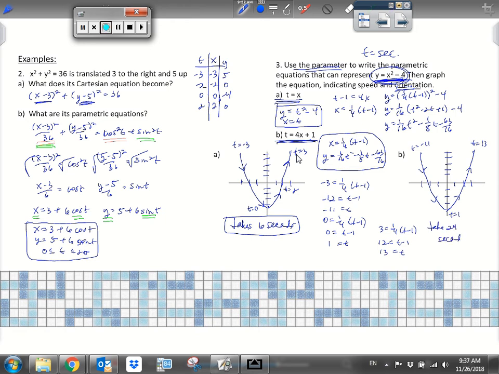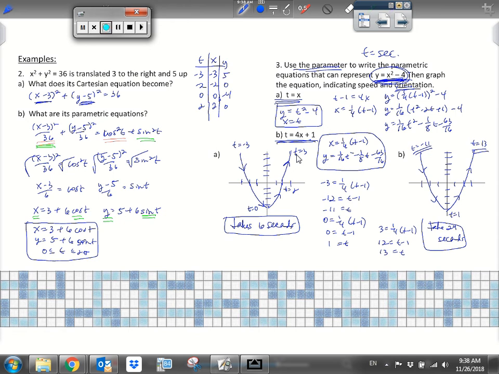And how do I know it takes 24 seconds? Well, I started at negative 11 seconds. That's where I started. And I ended at a positive 13 seconds. So that would take me in time, not negative versus positive, but just in time, 24 seconds. So that parameterization caused the particle to move slower.